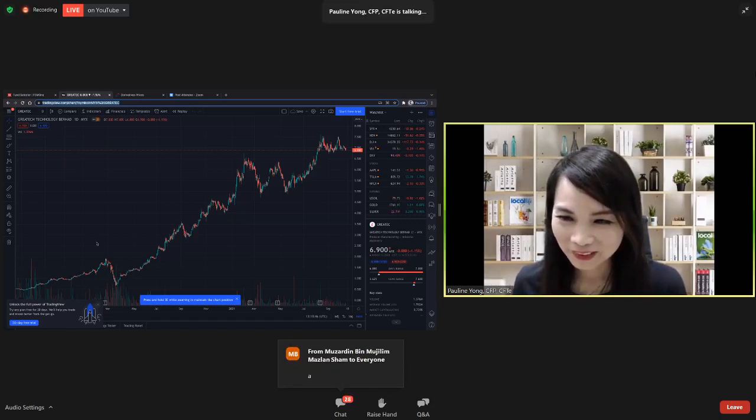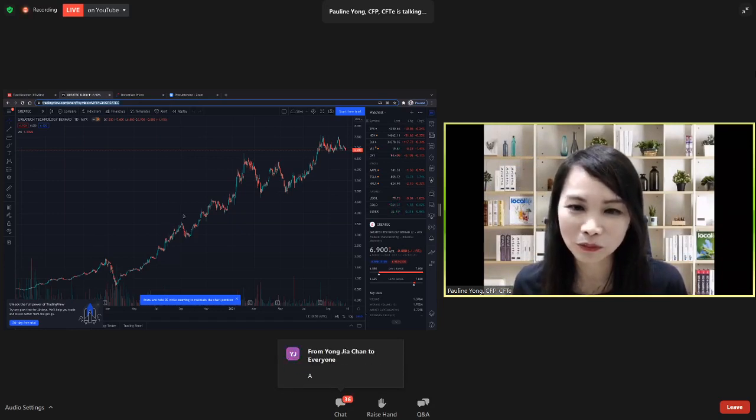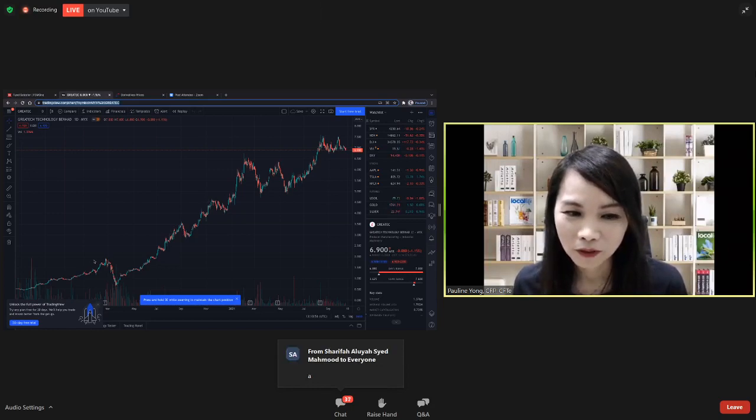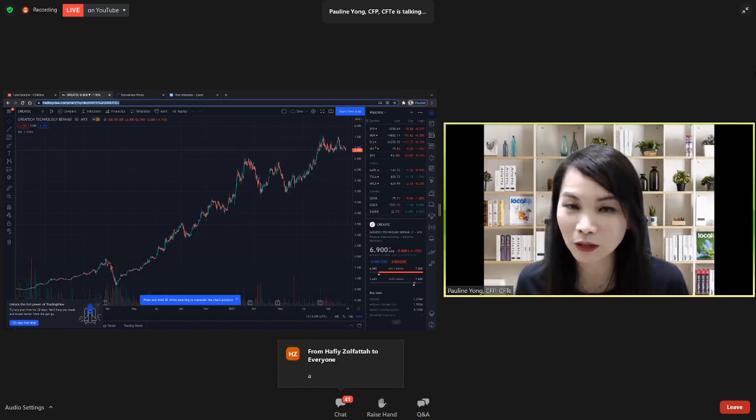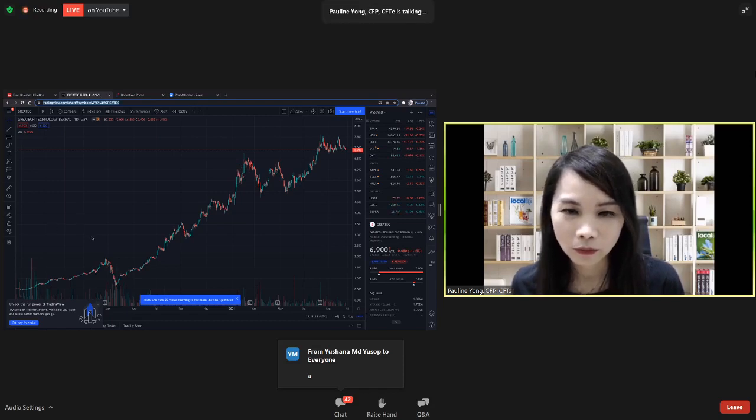Now I look at it. If you notice this wave here, if you were to count here, 1, 2, 3, 4, 5, 6, 7, you actually count 7 waves here. So that is why when you count wave number one, you want to know whether you have an extended wave number one, or you want to count an extended wave number 5 here.